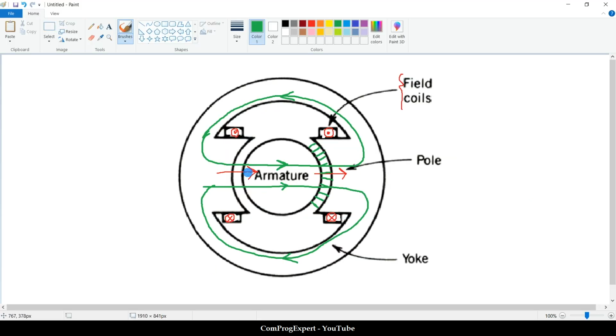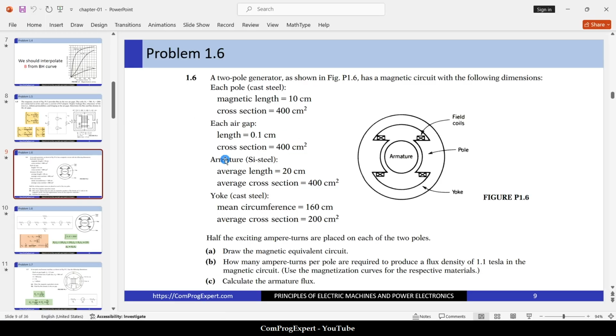But inside the armature, as you can see, the length of flux lines is different. Okay, so we also have different cross sections. If you look at the armature here, for this cross section, for this cross section, or this one, this is the average length and the average cross section.